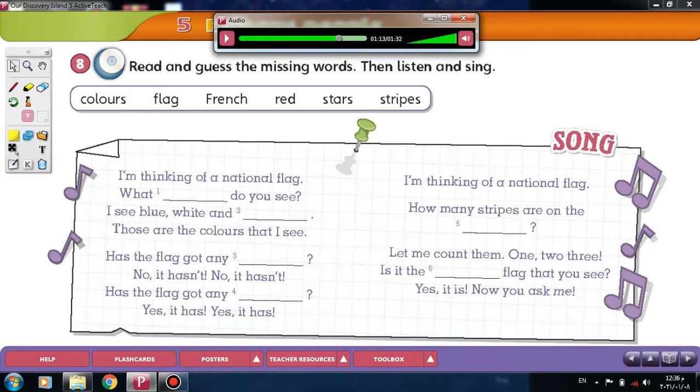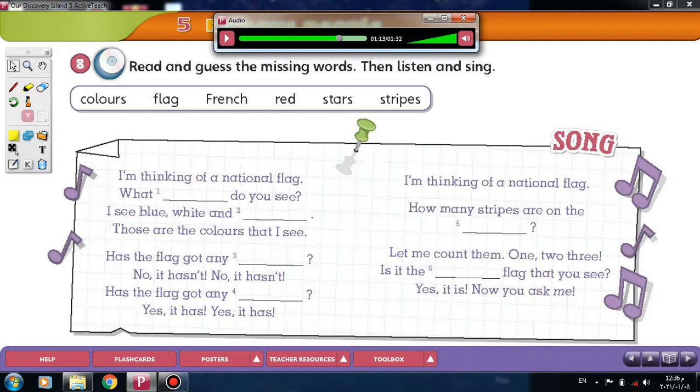Okay. So I'm thinking of a national flag. What colors do you see? I see blue, white and red. Those are the colors that I see. Has the flag got any stars? No, it hasn't.